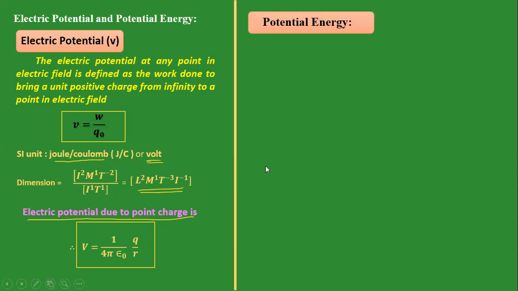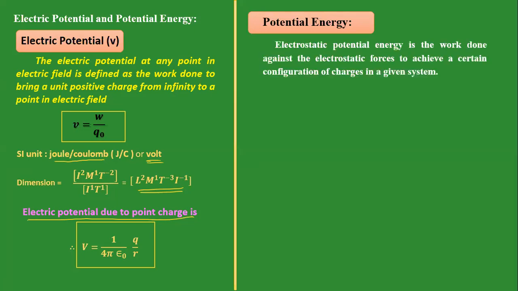After this, electric potential energy. Now, what is electric potential energy? Electrostatic potential energy is the work done against electrostatic force to achieve a certain configuration of charges.